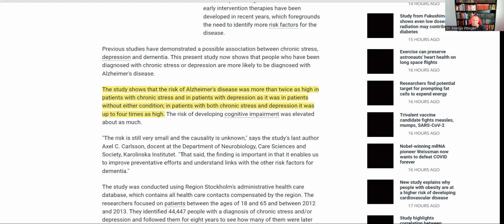Which is an incredible thing to think of. You're not even talking about diabetes, lack of exercise, obesity, high blood pressure. You're just talking about chronic stress and depression, the risk of cognitive impairment. And they're just focusing on Alzheimer's.